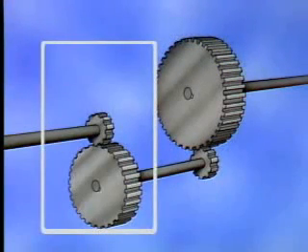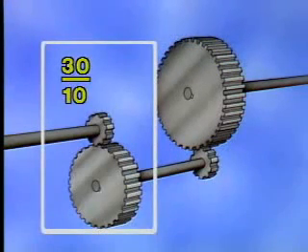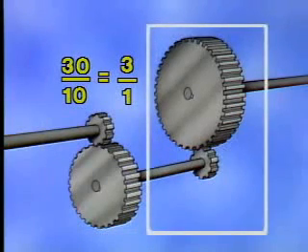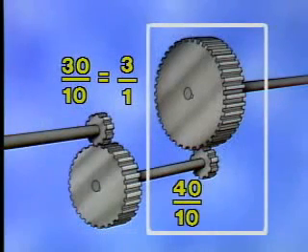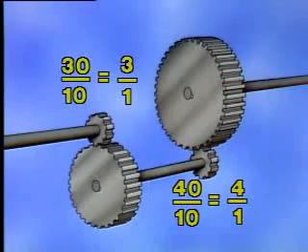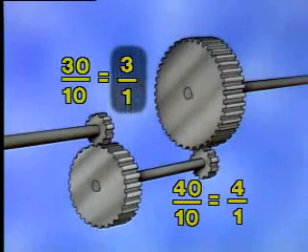Now, by using the gear ratio formula we looked at earlier, we can determine the ratio across the first gear set is 30/10, or 3 to 1, and that the ratio across the second gear set is 40/10, or 4 to 1. This information can be used to determine the ratio across the entire series of gears. That's done by multiplying the ratio of the first gear set by the ratio of the second gear set.